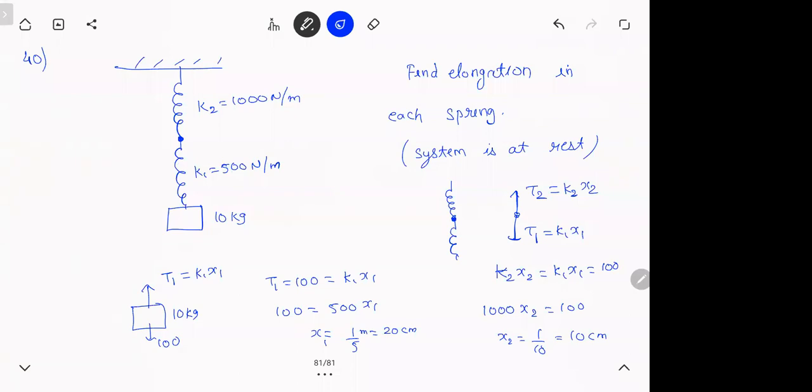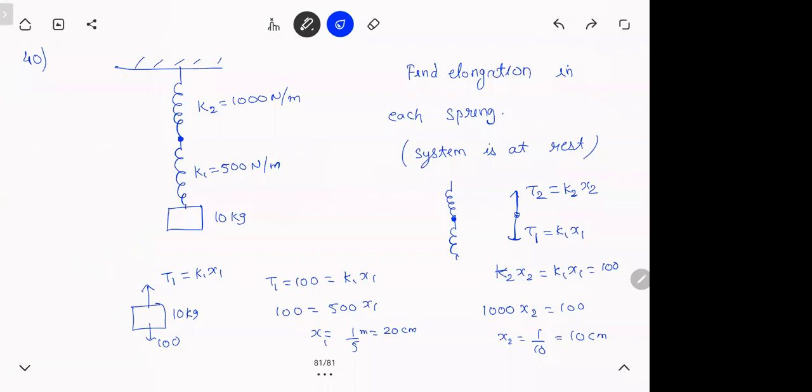So they can ask in the exam, a question like this also. How much will the block come down? 30 centimeter, no? 10 plus 20. So a question can be asked of that sort also. So just find the force in each spring and write it is equal to kx.